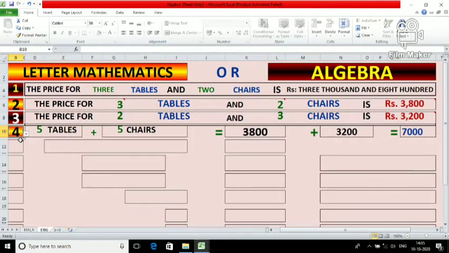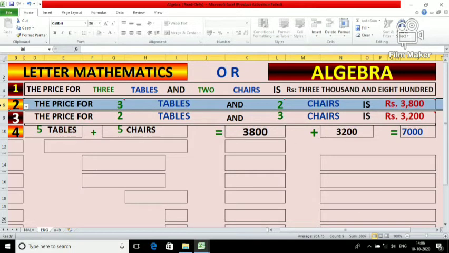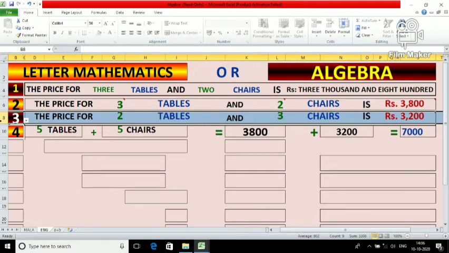Here we select the 4th. Look at the next statement. Here, suppose from a house, the husband bought 3 tables and 2 chairs for rupees 3,800, whereas the wife bought 2 tables and 3 chairs for rupees 3,200.